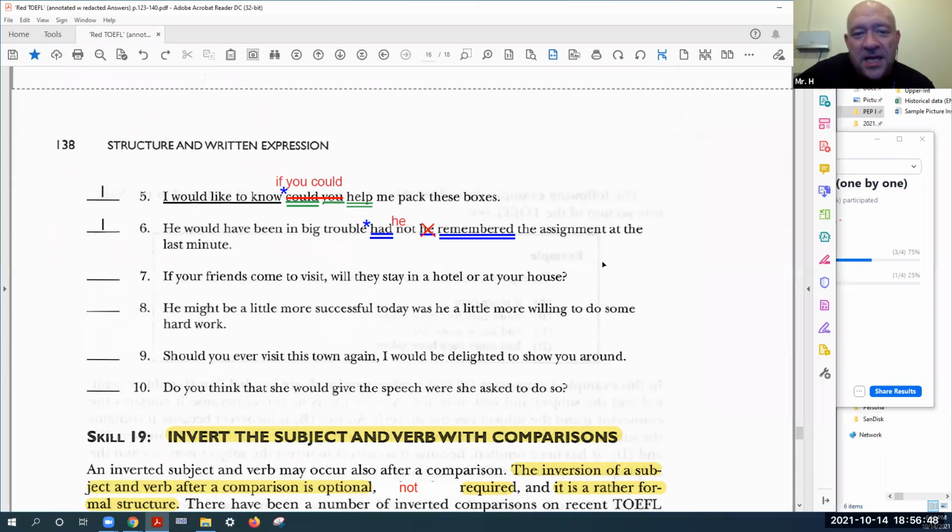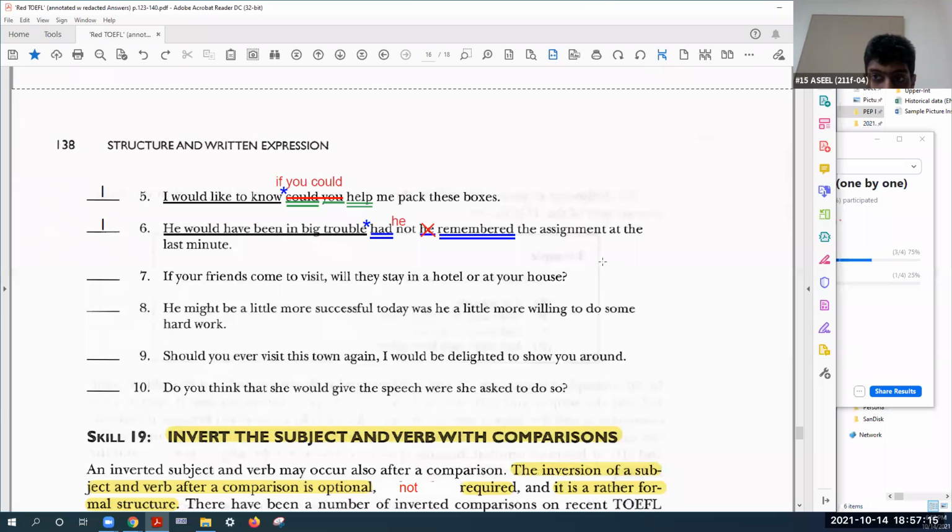Let's start at the beginning. What do we have at the beginning? If your friends come to visit. What is it? Connector. Then your friends, subject. Friends come. Come, verb.